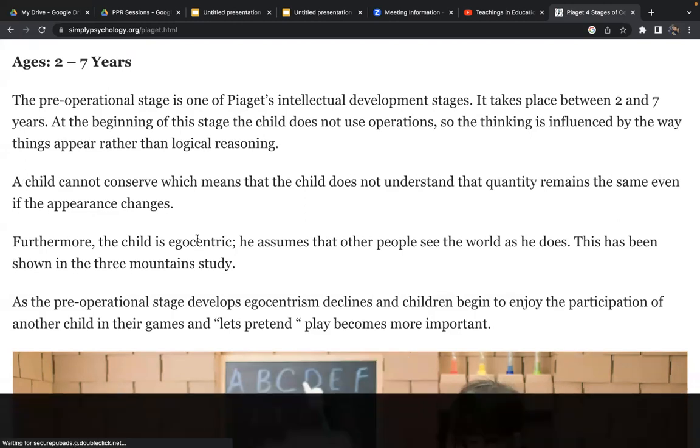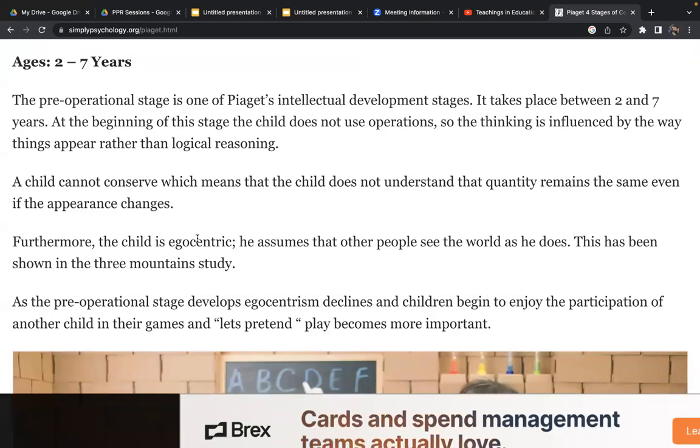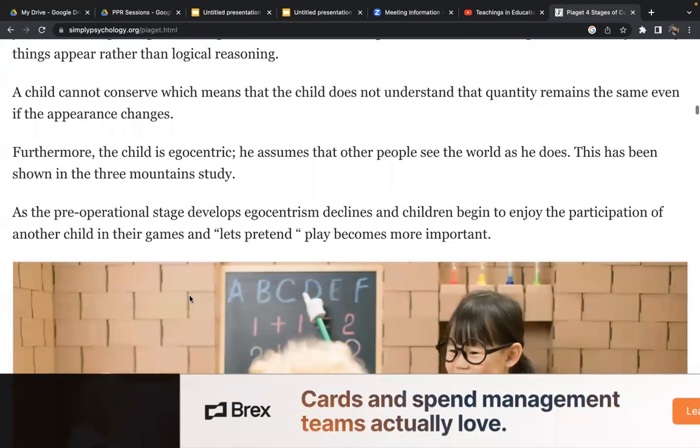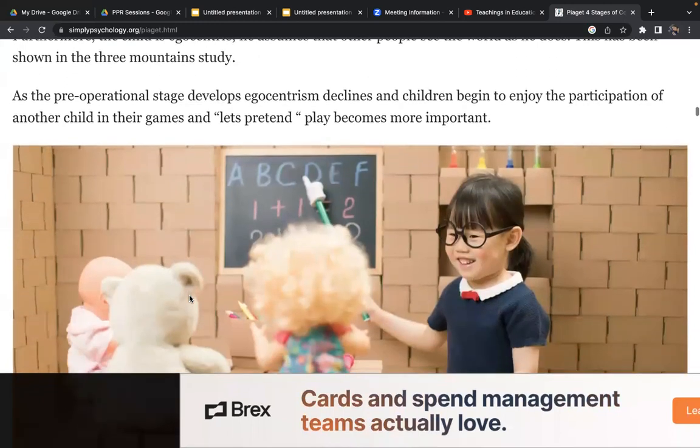It's a necessary biological skill that you think of yourself only in those beginning years to stay good and okay. But we're building their worldview, and that includes other people. He assumes that other people see the world as he does. This has been shown in the Three Mountains study.